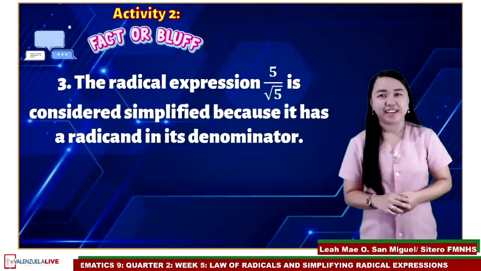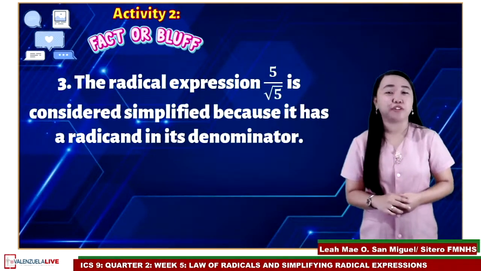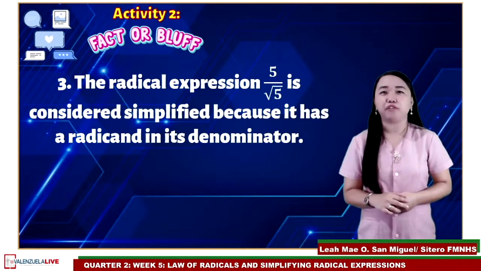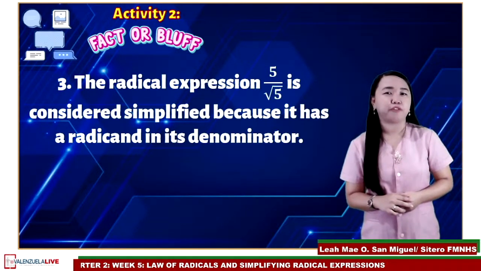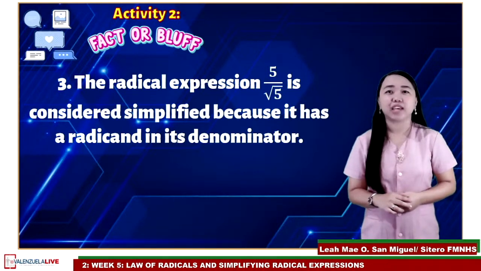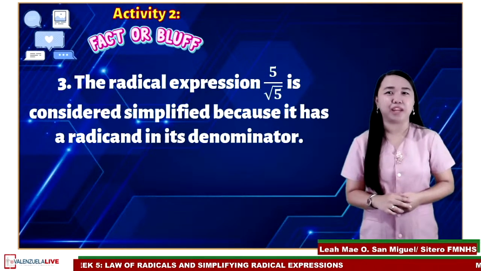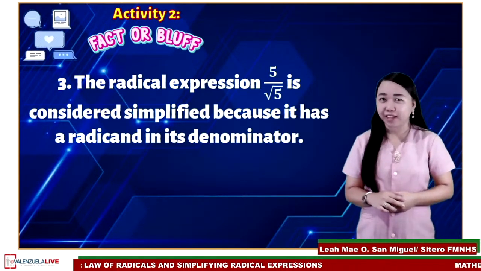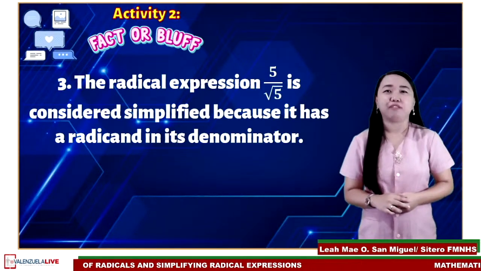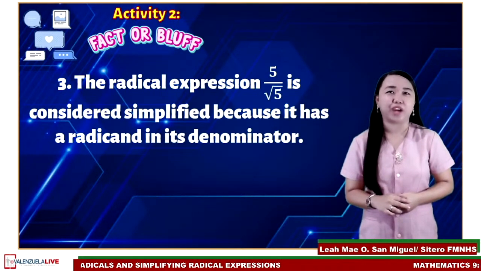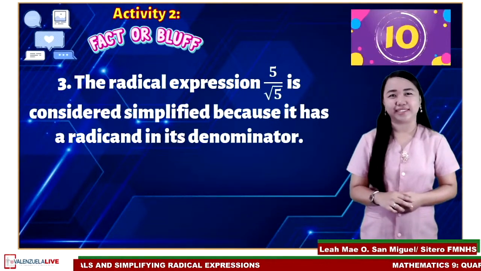Number 3. The radical expression 5 over square root of 5 is considered simplified because it has a radicand in its denominator. Is it a fact or a bluff? You have 10 seconds to key in your answer. Go!